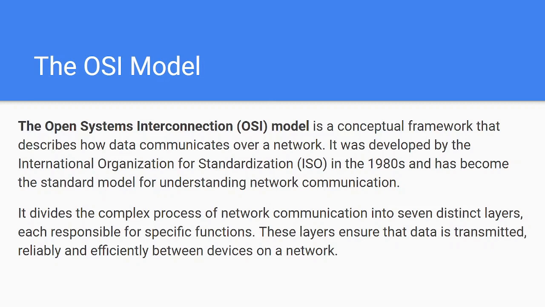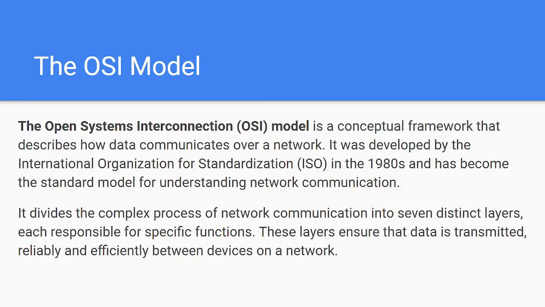We have to produce standards that will serve as our landmark on how things are supposed to be done. So this organization, the International Organization for Standardization, ISO, created the OSI model in the 1980s, and it has been adopted as the standard model for understanding network communication.